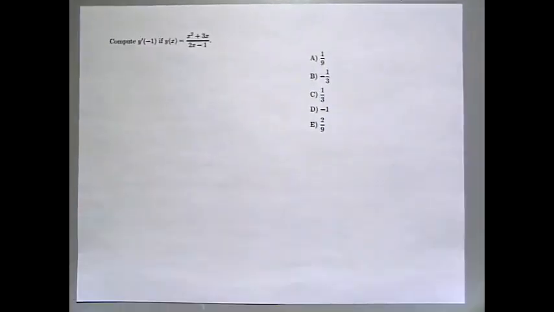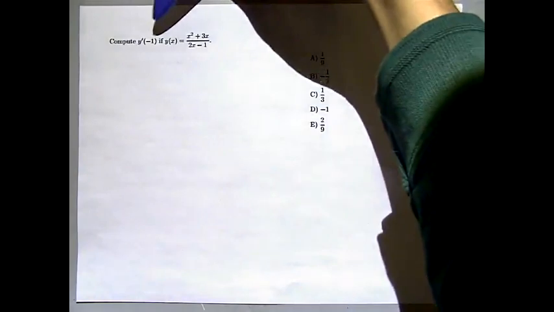It's from one of the old exams, like I said. All right, so here we have this function, y of x is equal to x squared plus 3x over 2x minus 1. We'd like to find y prime at minus 1.